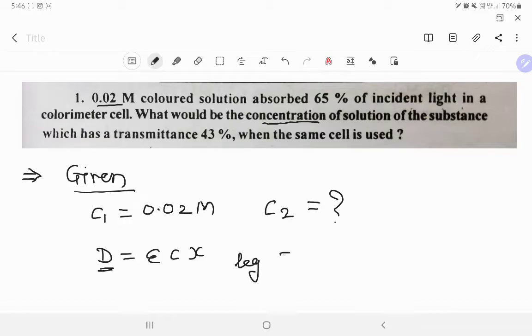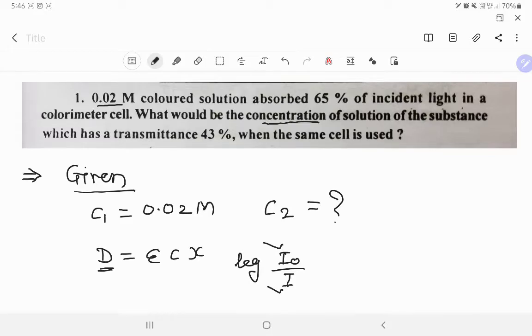Log of I0 upon I. I0 is the initial intensity and I is the intensity after passing through the solution. After passing through the solution, it is the transmitted light. I0 upon, you can say, IT.